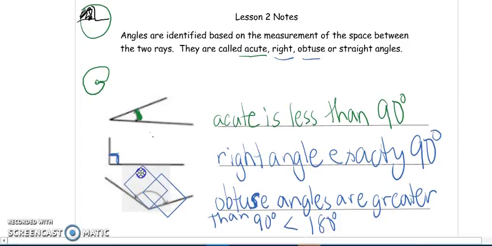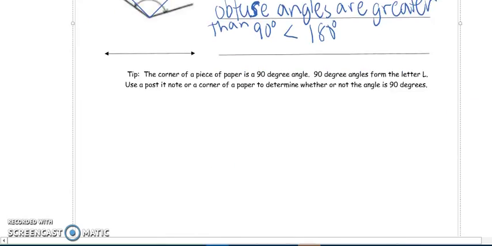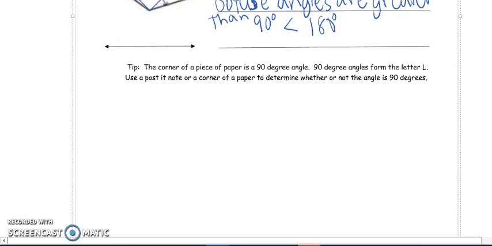If I put the shape right at the vertex, the line segments of this angle are outside of the square. So it's obtuse. It's really big. So it's not a right angle either. It's obtuse. Okay?